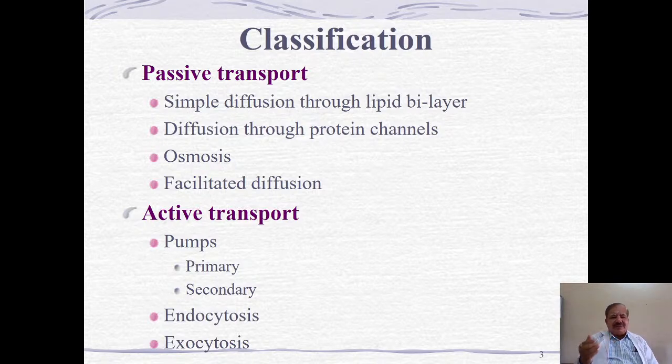The other method is facilitated diffusion. Facilitated diffusion means it needs some facility, some help, so that it can diffuse from one side to the other. Now, the second thing is active transport.